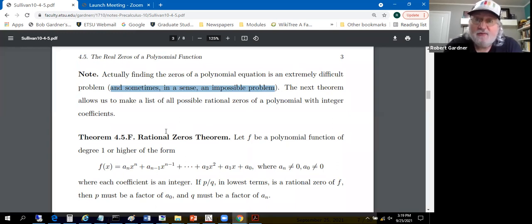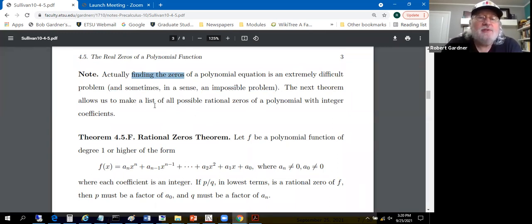In fact, this is an area of research that goes on to today to describe where the zeros of a polynomial might be. And we'll have a result along those lines related to the real number line. But actually finding the zeros, that's quite an intense problem. So we're going to do what we can do.